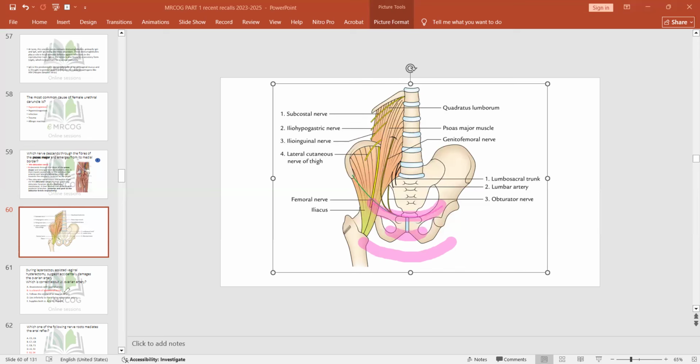If they asked you which nerve has been injured during vaginal delivery that rendered the patient with a pain around her vaginal orifice and her labia. This is injury to which nerve?